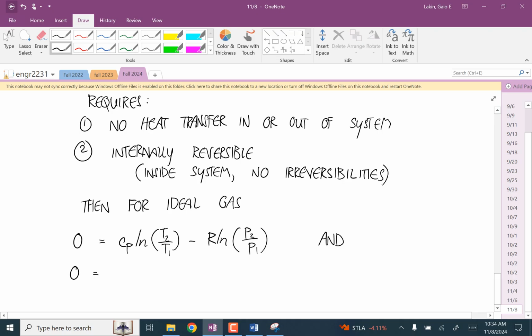And 0 is equal to Cv times the natural log of T2 over T1 plus R times the natural log of little v2 over little v1.